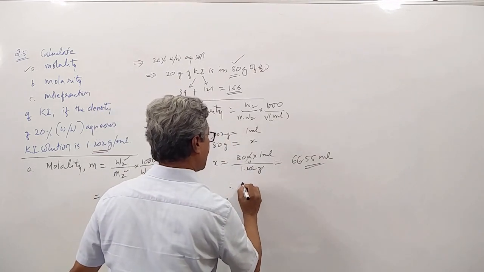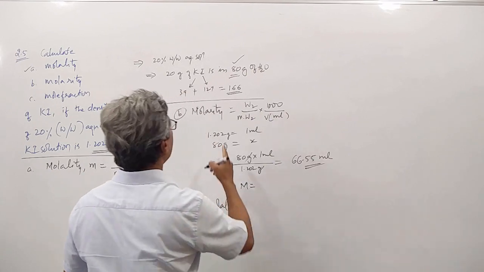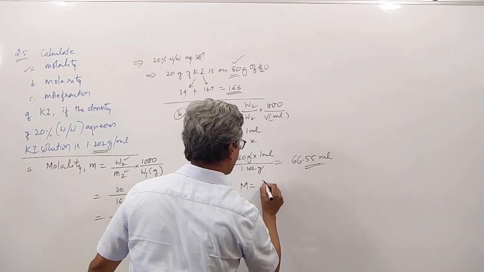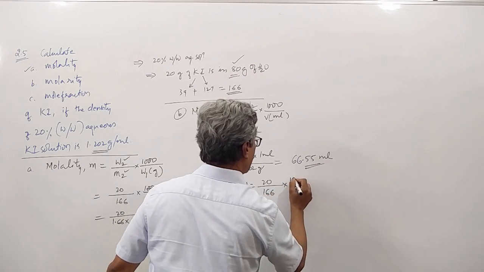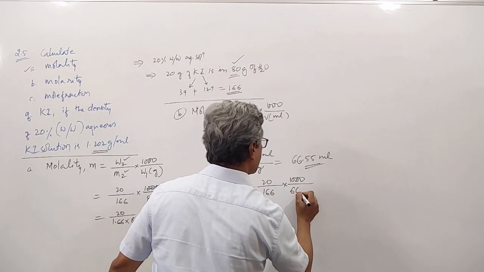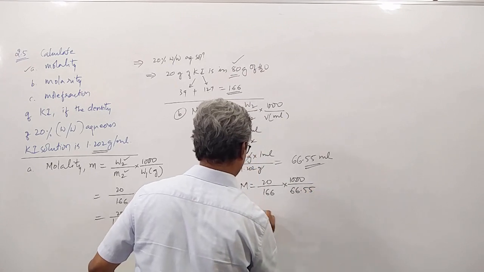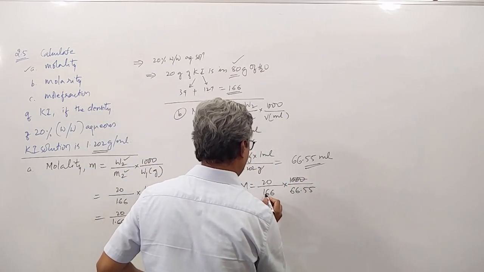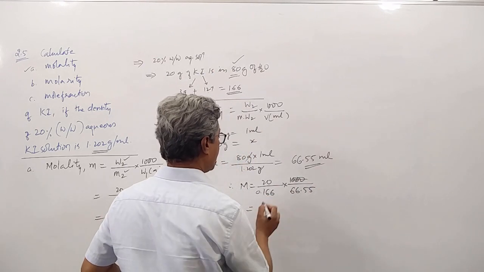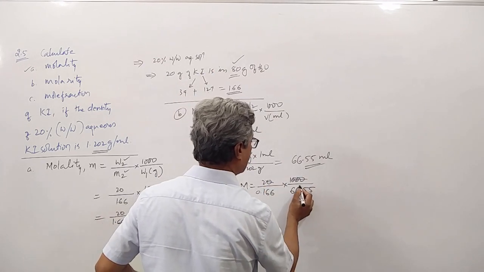Therefore, molarity is equal to weight, 20 gram, molecular mass 166, into 1000, divided by 66.55. See students, these three zeros get cancelled if you place the decimal over here, and this will get cancelled if the decimal shifts over here.